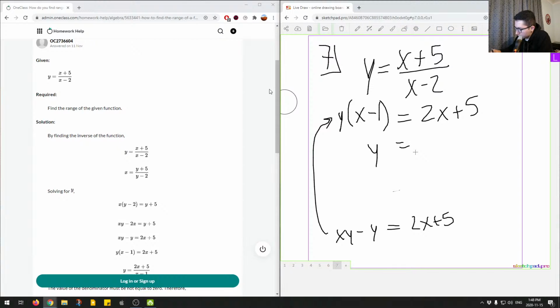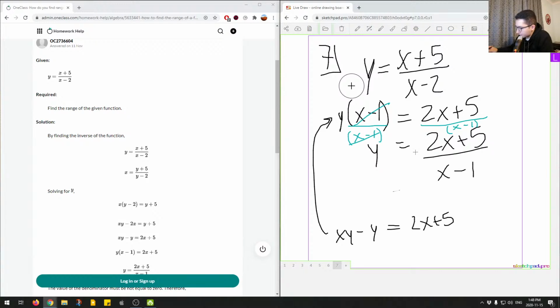We'll divide by x minus 1 on both sides of the equation. So these two cancel out, and we're left with y on the left, and we still have 2x plus 5 divided by x minus 1.